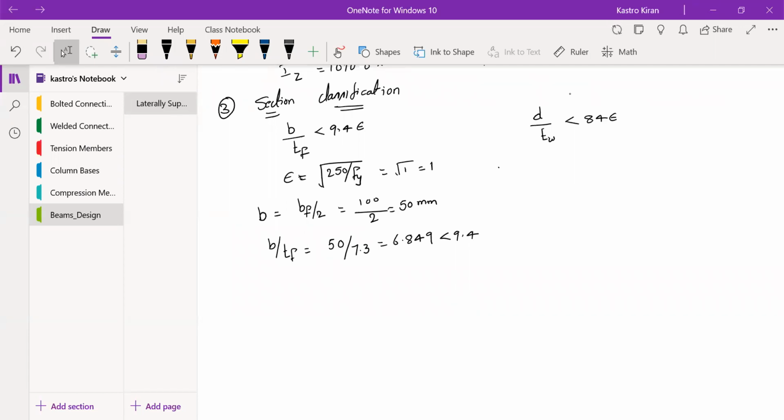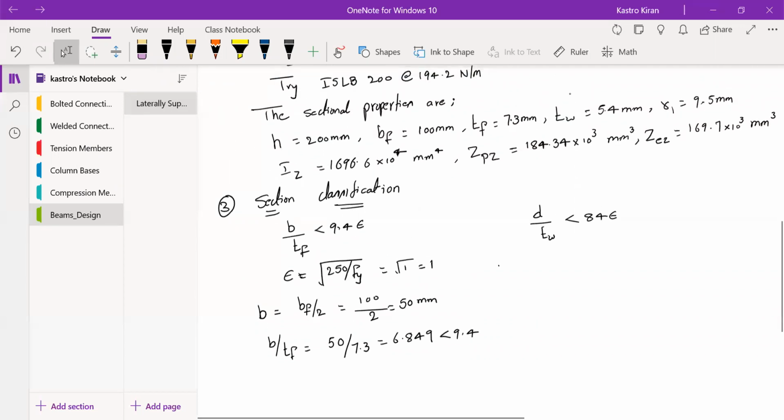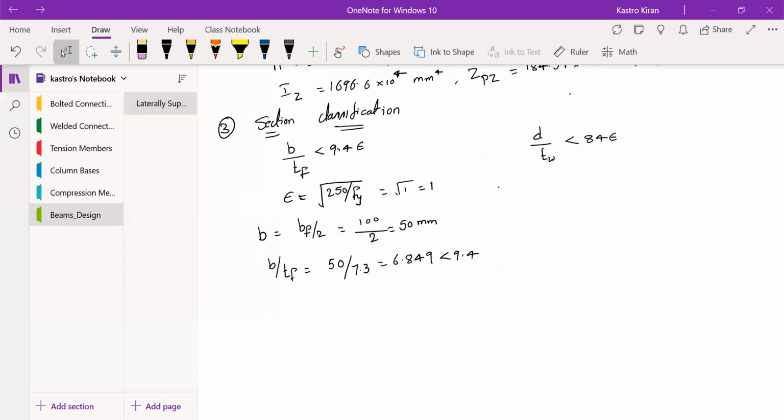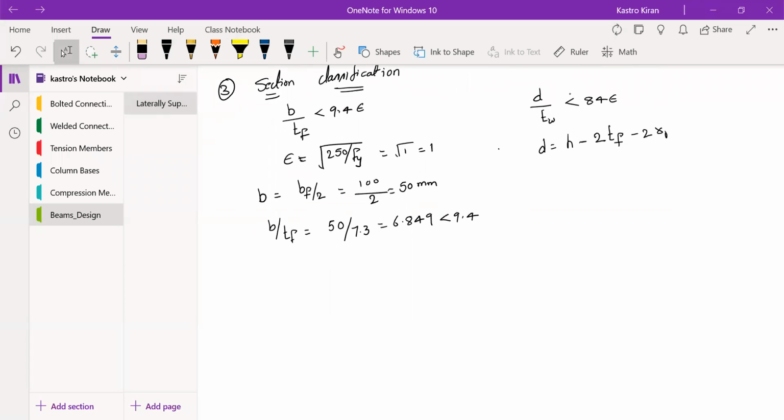Next, let's find out the value of D by TW. Remember, D is not the depth of the section. It is not 200 mm. The value of D has to be calculated this way: D equals total height of the section minus 2 times the thickness of the flange minus 2 times the radius at root. This is the formula which we have used in the compression members also.